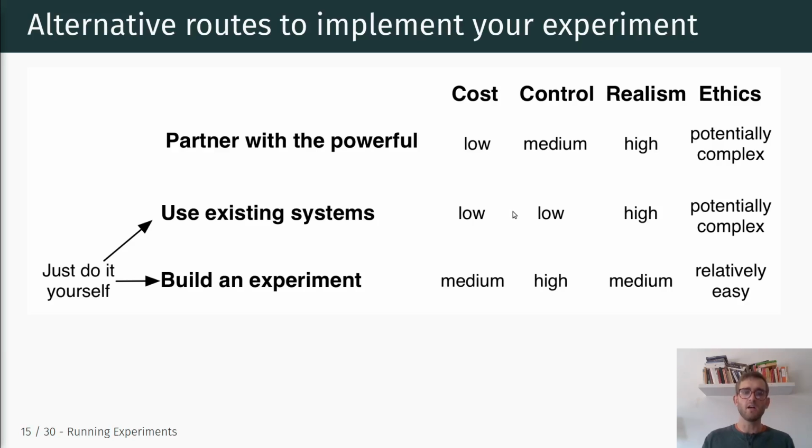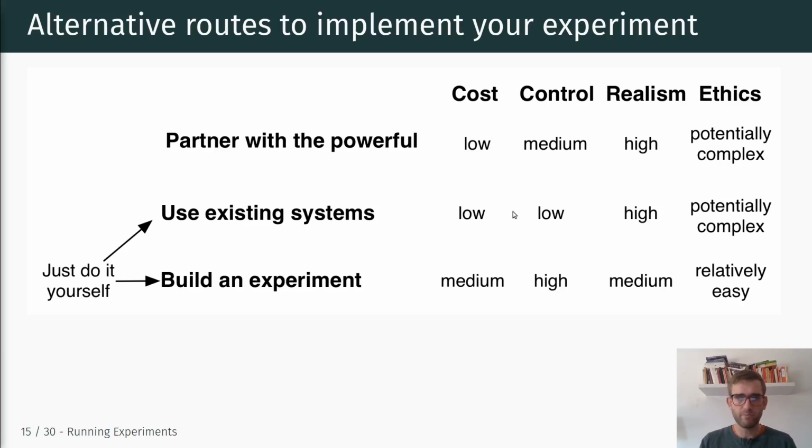If that is not an option, if you cannot rely on existing systems like social media platforms and things like that, you can of course just build your own experiment. And thinking back to the previous video, of course there's a wide range of possible types of experiments, field and lab experiments, and to what extent you conduct them online versus not online.